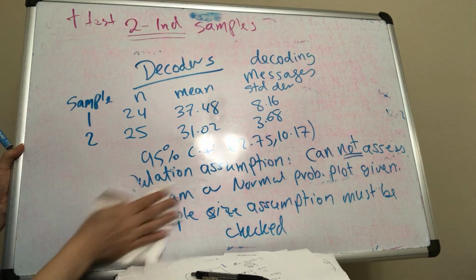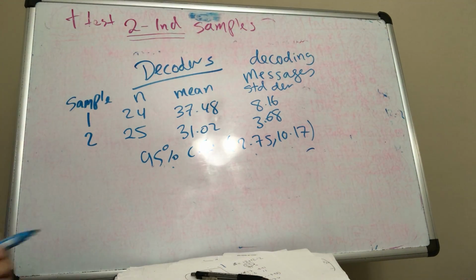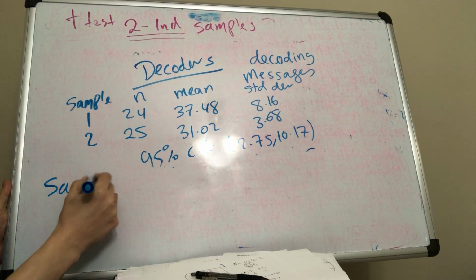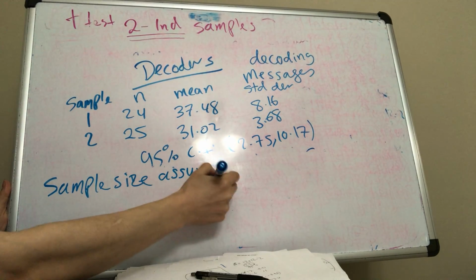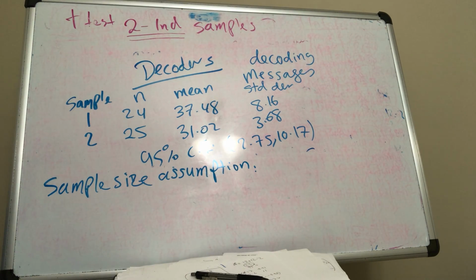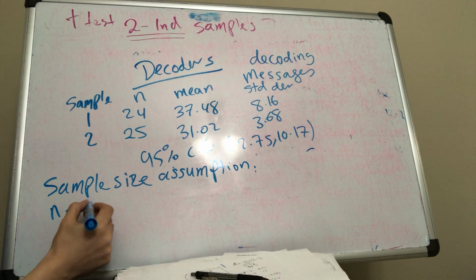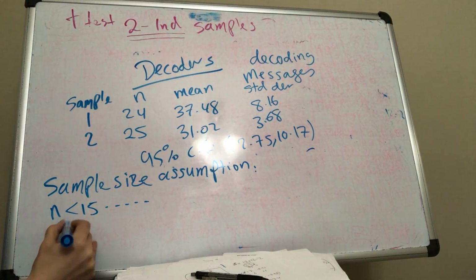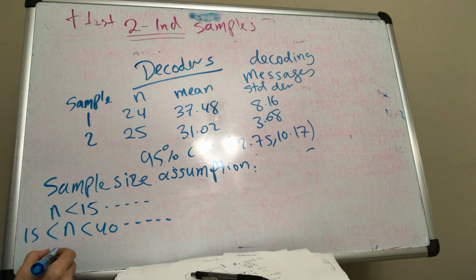So now the sample size assumption. You will see this in the notes for this chapter for Module 1 and also for Module 2. They give you a structure. For n less than 15, you have to mention something. If you're between 15 and 40, you have to say something.